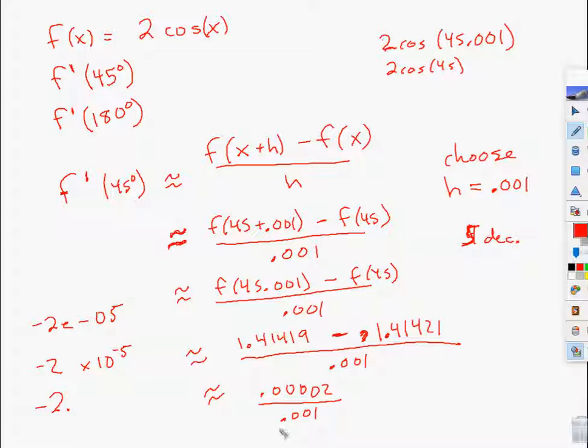Yes, it is what I wrote there. Now go ahead and divide, except that it should be negative. Now divide by 0.001. What do we get? Negative 0.02.